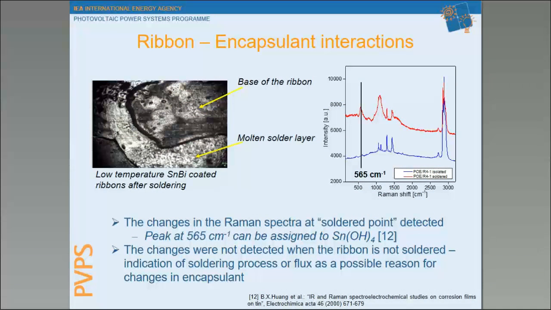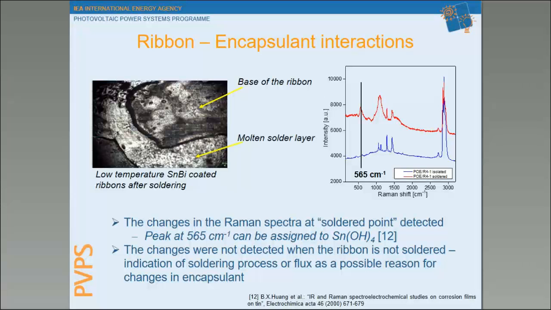Here is also some nice interaction which was actually caused by soldering itself. This is a low temperature, a very new PV ribbon based on a thin bismuth solder, and we wanted to check how this material performs. We made laminates, and the interesting thing was that just where we soldered these ribbons to an interconnector, we saw the formation of this thin hydroxyl peak, and we didn't see it just by laminating the ribbon.